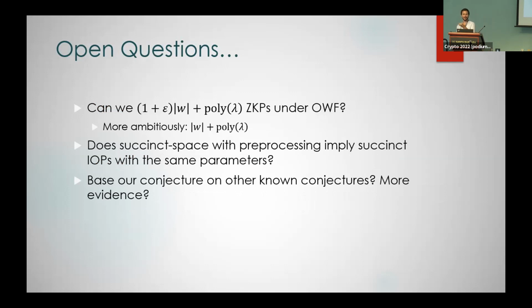It would be interesting to turn this into an if and only if kind of statement. So if we have a small space algorithm with preprocessing, can we turn that into an IOP? Actually, we can, but the number of rounds would grow a lot. And it would be interesting to get the same number of rounds in both directions. And another open question is whether we can base our conjecture on other known conjectures or give more evidence to our conjecture that there's no succinct IOP for CSAT or for all NP relations.